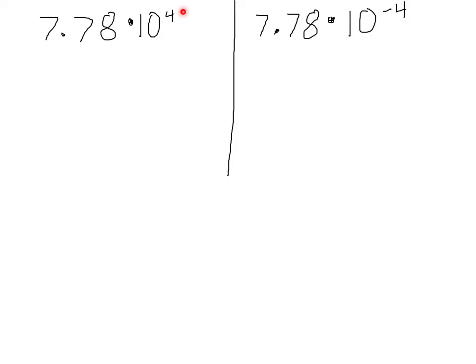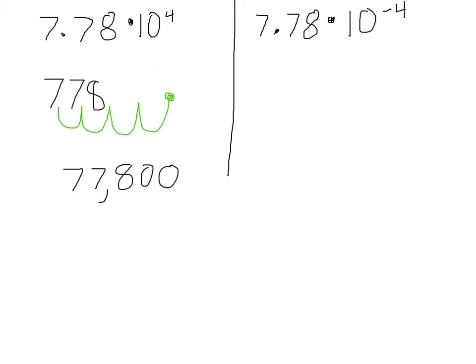So what I do is write my coefficient and be ready to move my decimal 4 times to the right. 1, 2, 3, 4. My decimal would land here and I would add 0 in these spaces as placeholders. My final solution would be 77,800.